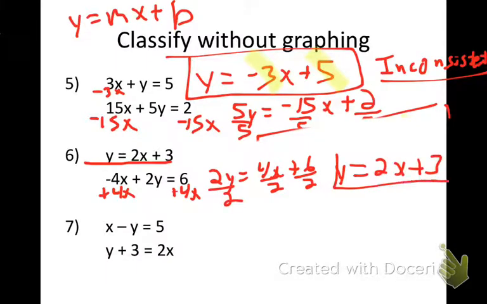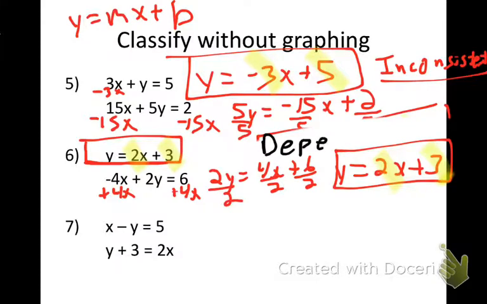So if you look, my first equation was y equals 2x plus 3. My slopes are the same. My y-intercepts are the same. Hopefully you're all thinking it, this would be a dependent solution because it is the exact same thing.